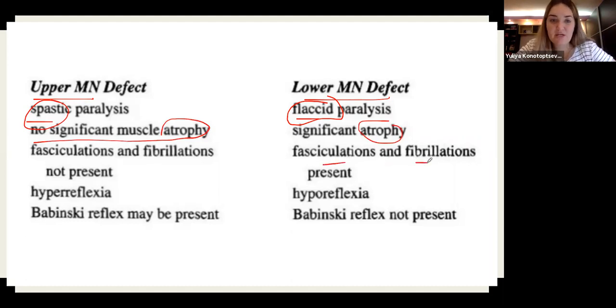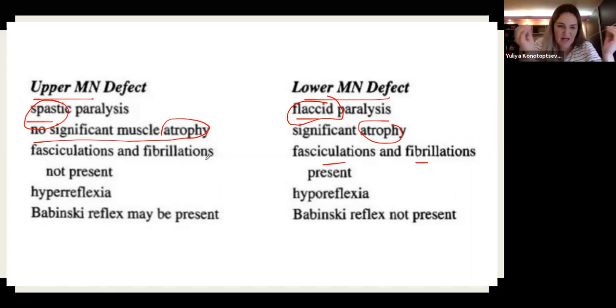Fasciculations and fibrillations are generally the muscle itself contracting. The muscle itself involuntarily does this particular contraction. Typically, lower motor neuron can inhibit it.